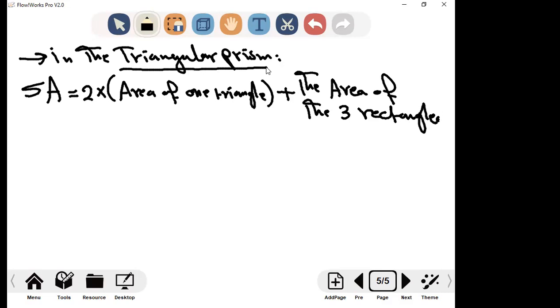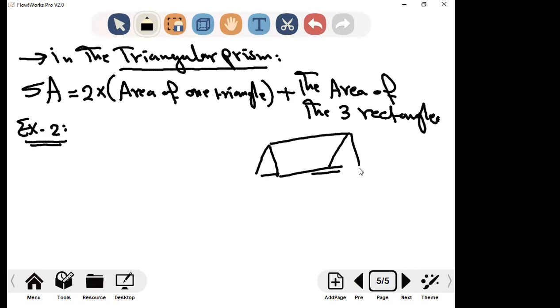Look at example 2 now. See example 2, and I want you to see the figure in your book, okay? Now we have something like this. Right? Down here we have 4 inches. What's this?